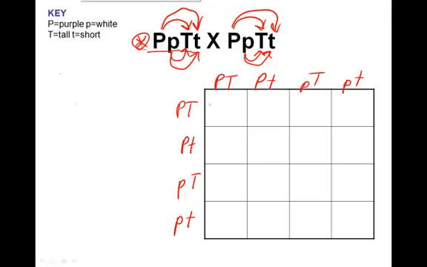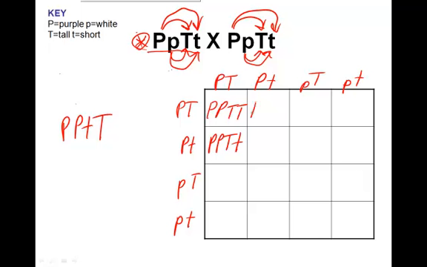So the first box is straightforward. We have a capital P, lowercase t. Here, drop the P's down, two capital P's, then a capital T and lowercase t. You could write it this way, where you have lowercase t and then capital T. It means the same thing, but remember, just by convention, we put the capitals first.